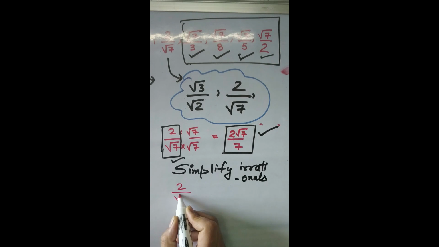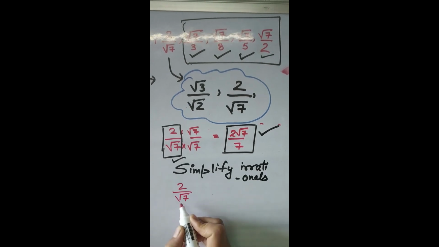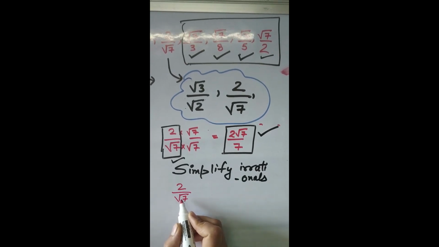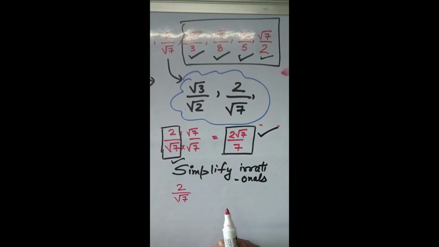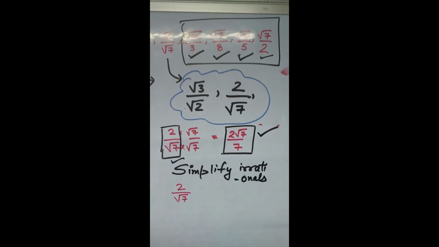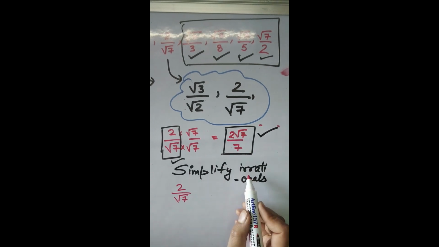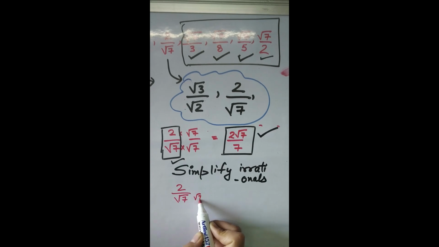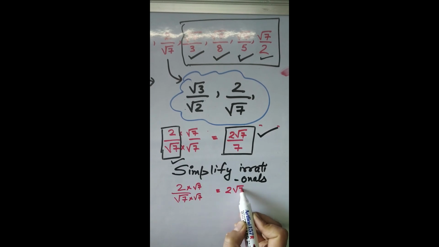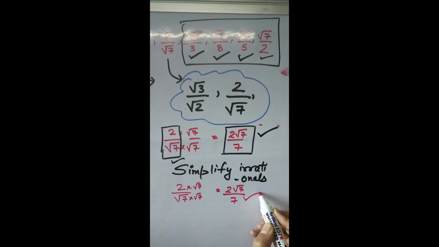Because we don't know how big it is, how small it is, where it lies on the number line. So simplifying this irrational means converting it into a fraction with rational denominator, because that is the position where we can do it. So if we do not understand it, we multiply it with a rationalizing factor and we get this. Yes, this is the simplified form because we know how to locate it on the number line.